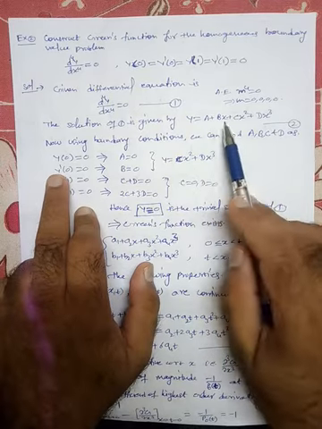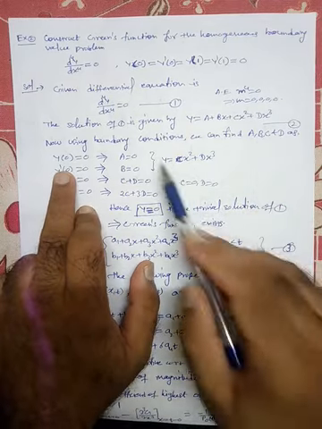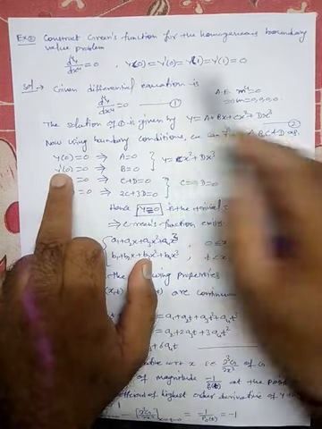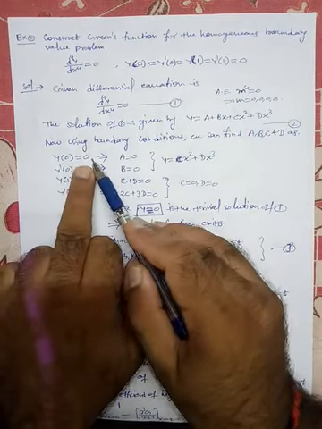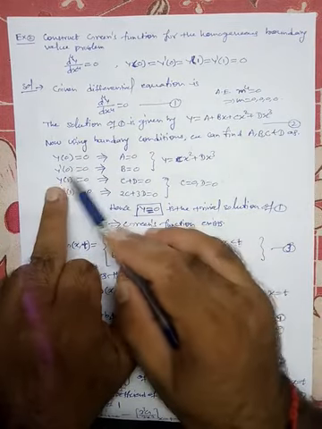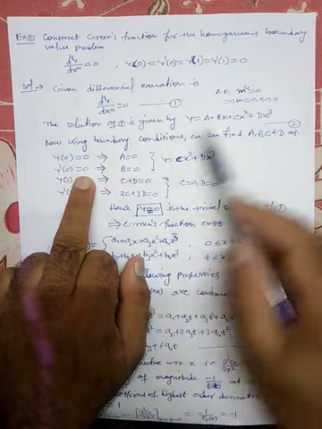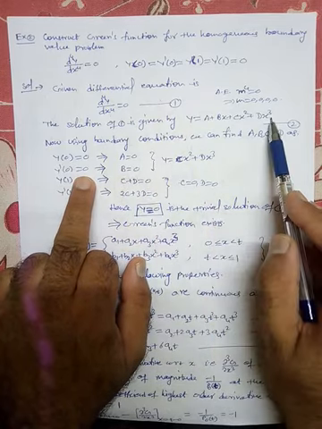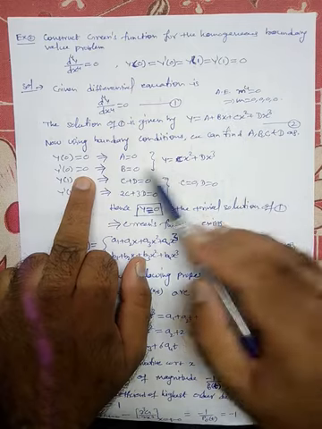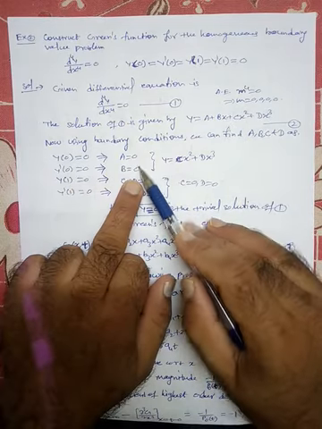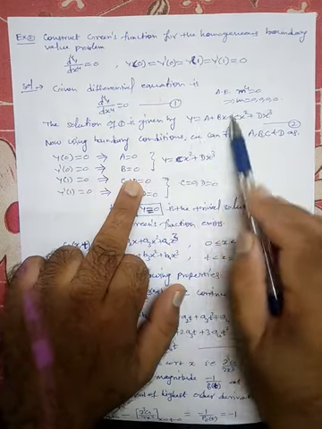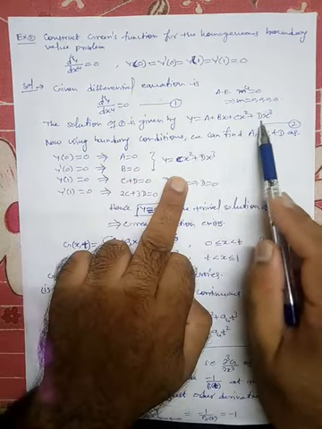Now we find a, b, c, d. y at 0 is 0, so a is 0. Now y'(0) is 0. Just differentiate this and put x equal to 0, so b will be 0. When you put it here, you will get y equal to cx square plus dx cube.